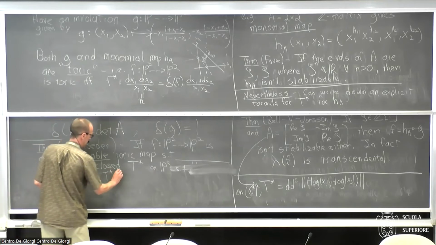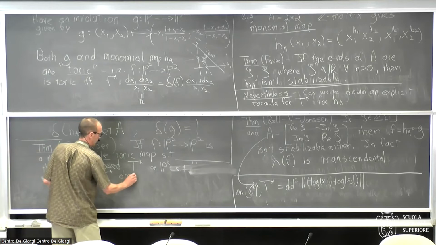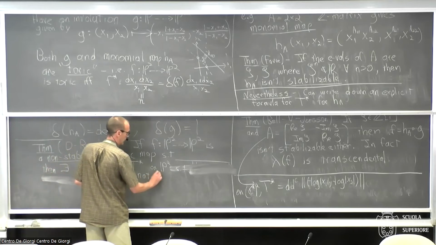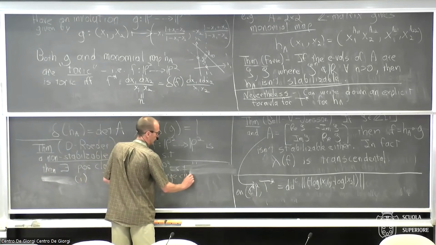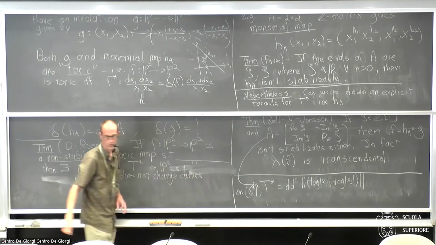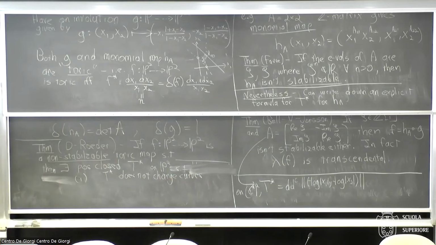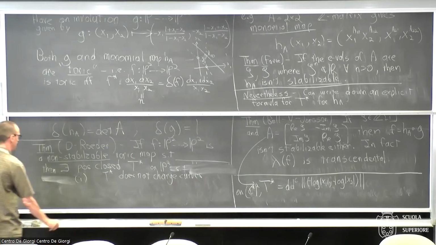T star does not charge curves. In other words, the most singular kind of positive closed current you can have is a current of integration over a curve. T star doesn't contain anything like that in it.